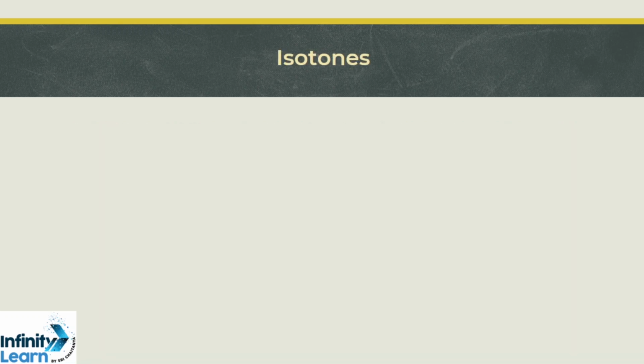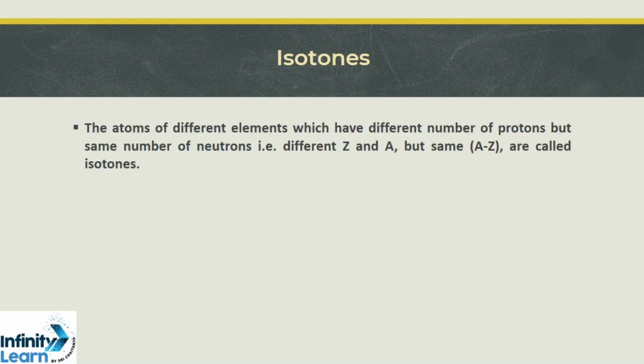And lastly, we have something called isotones. Isotones are atoms of different elements which have different numbers of protons, but the number of neutrons is the same. So you will have Z different, A also different, but their difference A minus Z, which is nothing but N, is the same.